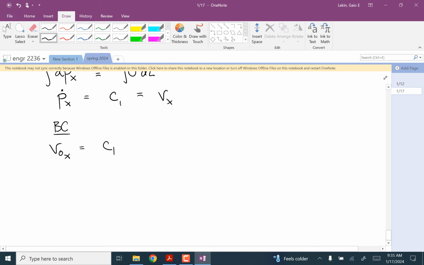So now our Vx, which is equal to our Px dot, is just equal to V0x. Okay, that's our first step.